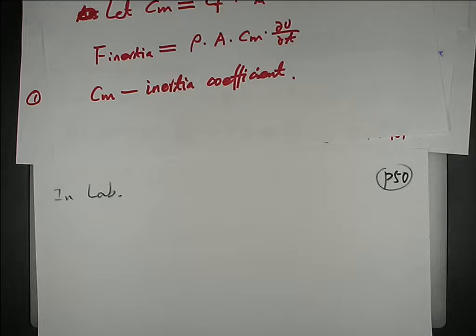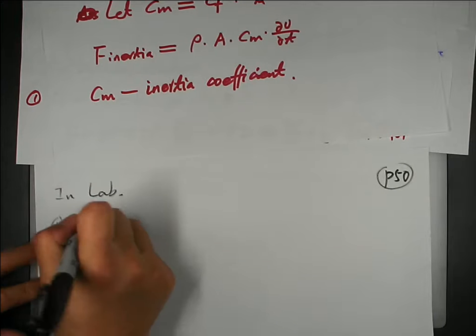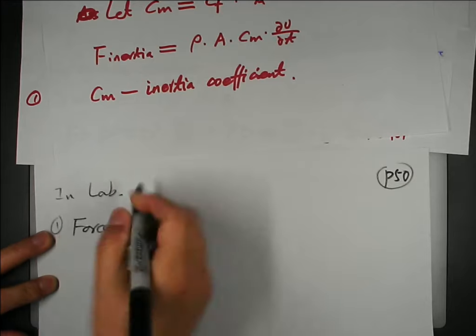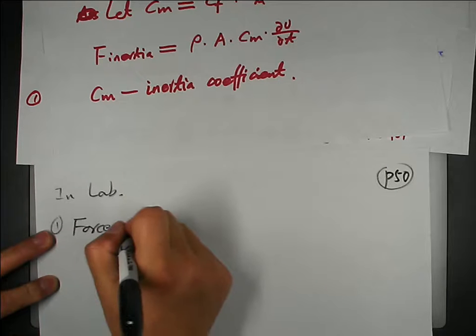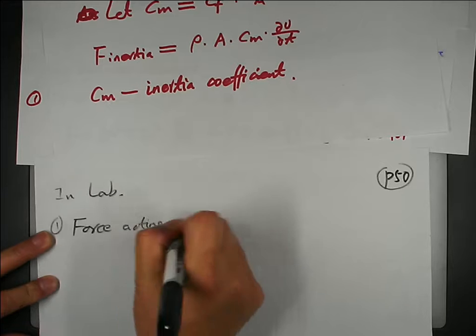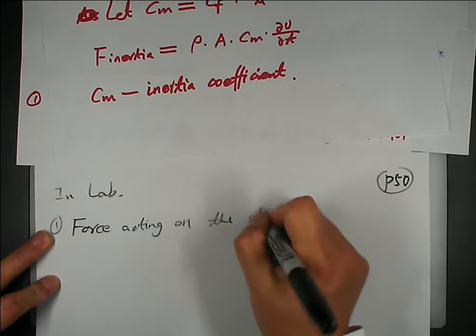The force applied to the structure. Can you measure it? We assume you place a strain gauge to measure strain and stress on the surface. Then you can measure force, the force acting on the structure.